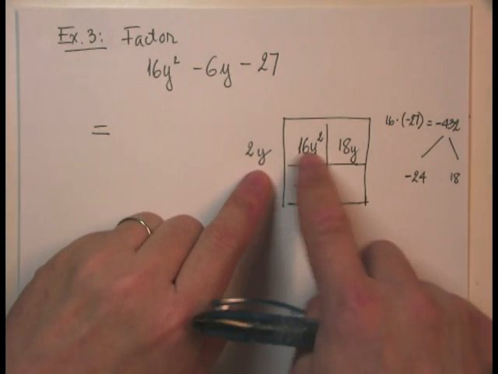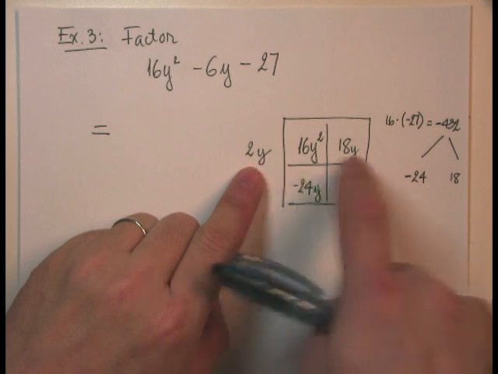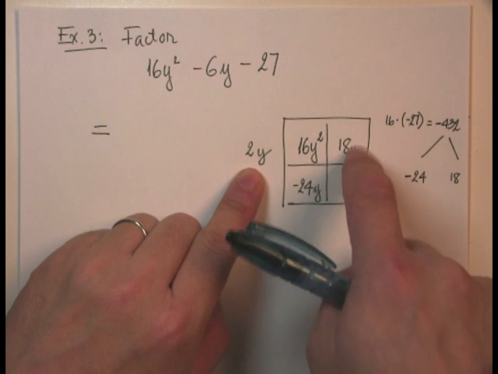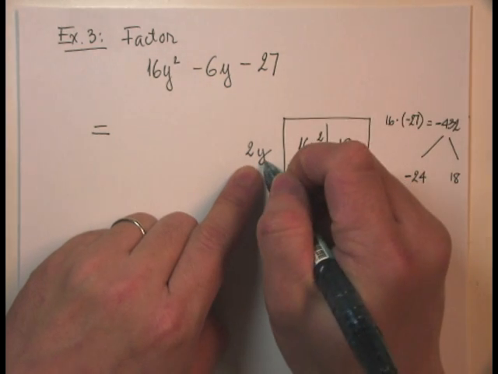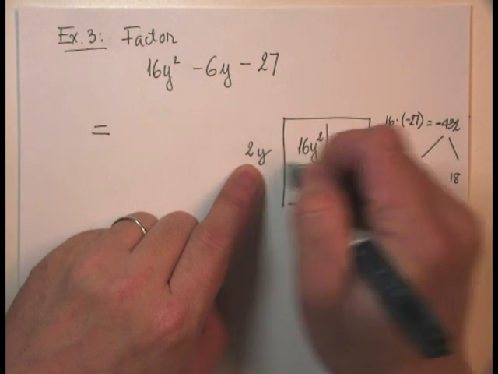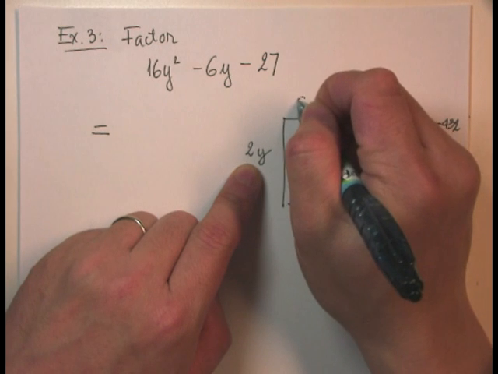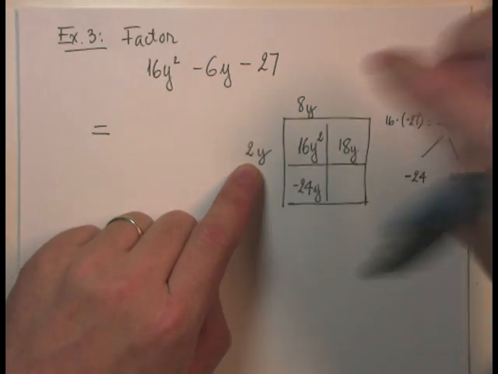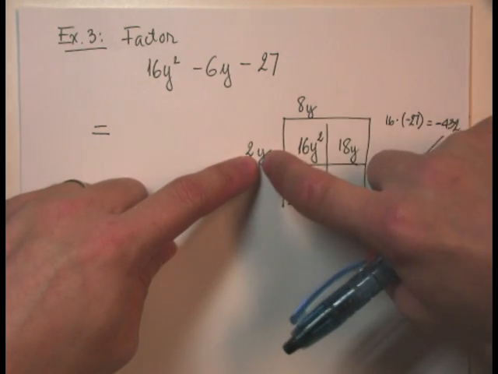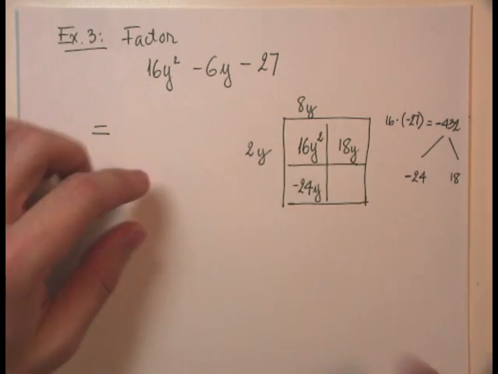So I'm putting the 2y in the outside column, in the same row as these 2 entries. And once I found 2y, think of the other factor. What other factor do I need to multiply with 2y to give me 16y squared in this entry? That other factor has to be 8y. Thinking of this table as a multiplication table, 2y times 8y equals 16y squared.